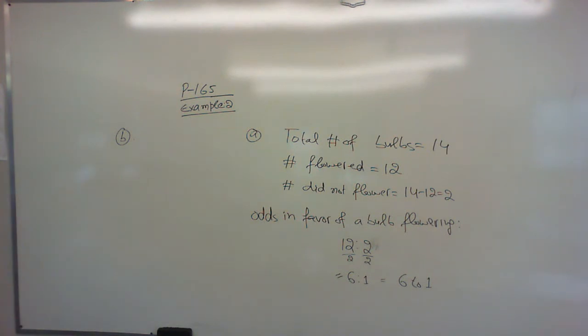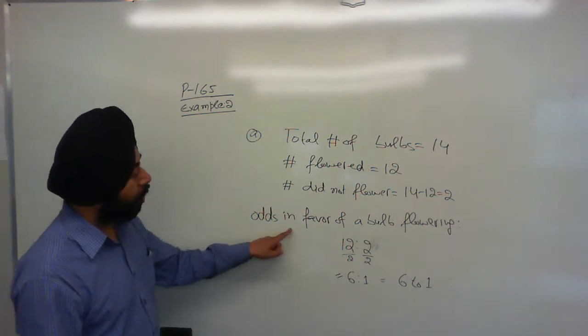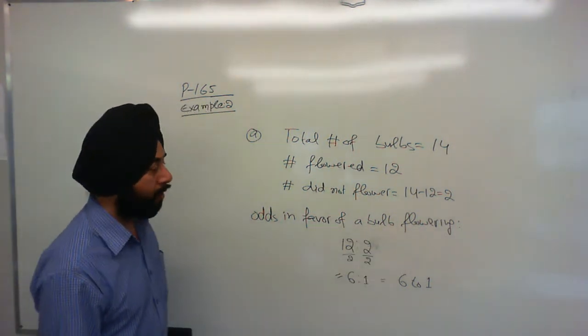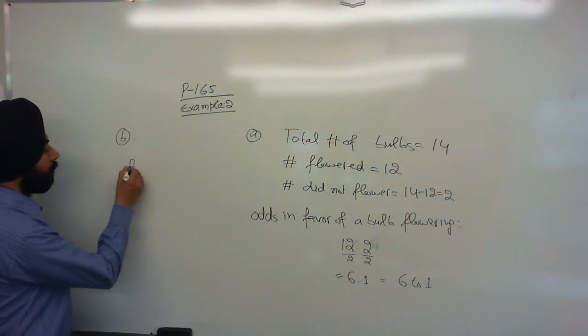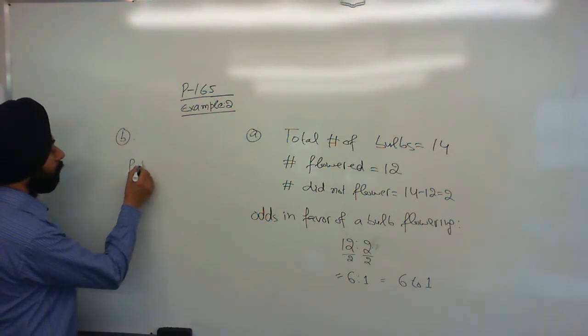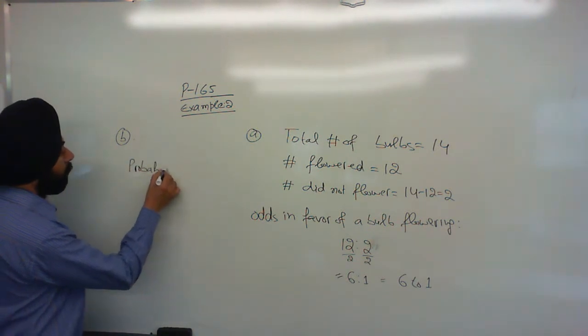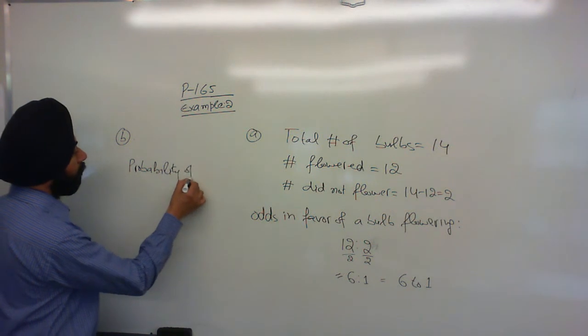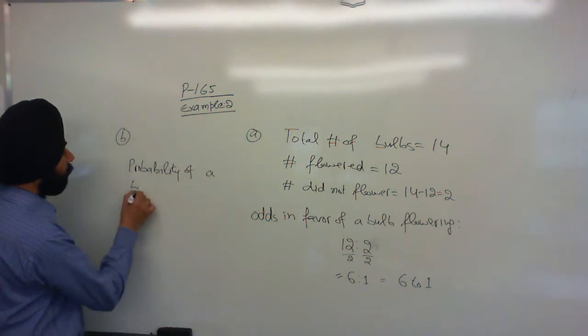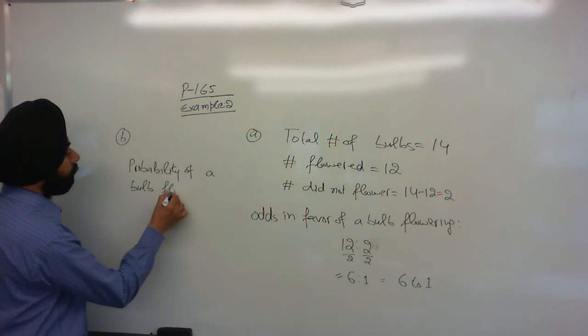Read the question. It says, what's the experimental probability that a planted bulb will flower? Here we found the odds in favor of a bulb flowering. Now you have to find the probability, the experimental probability of a bulb flowering.